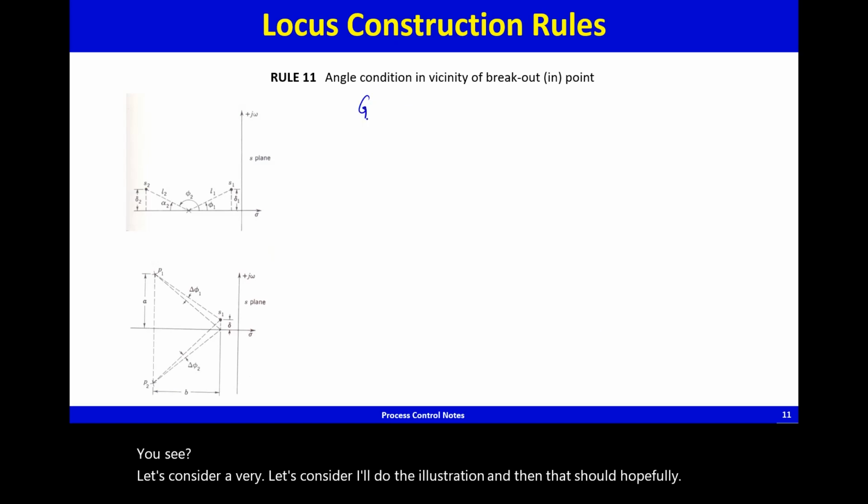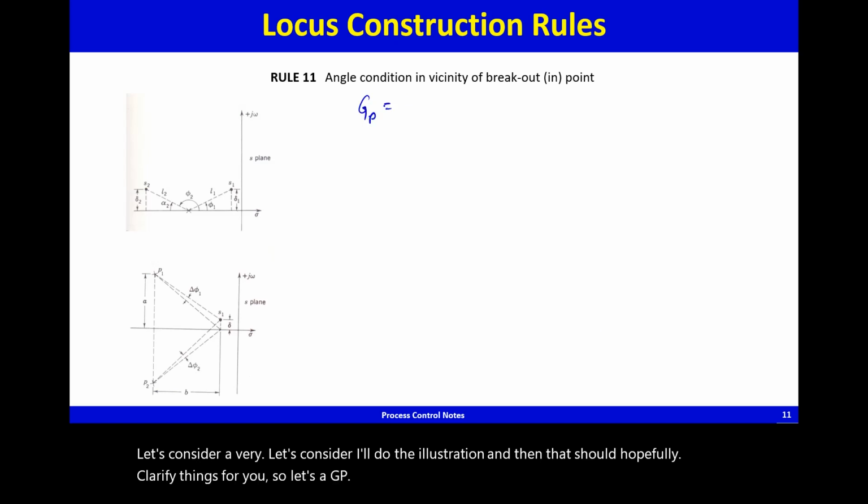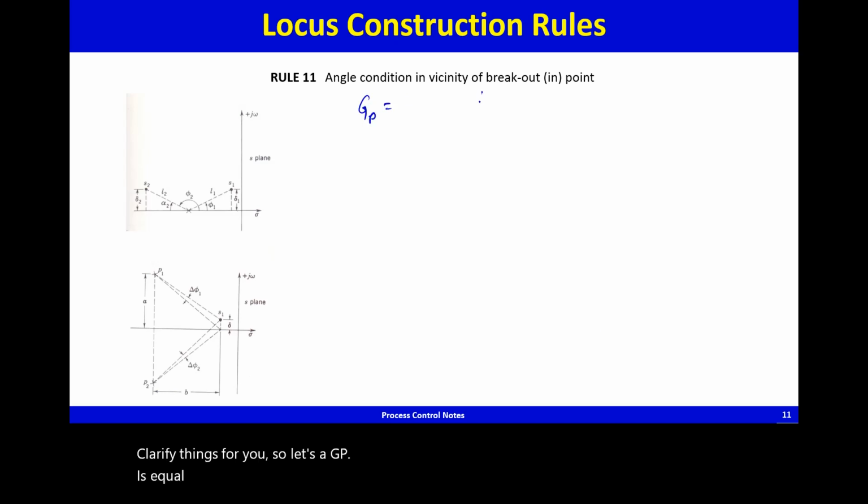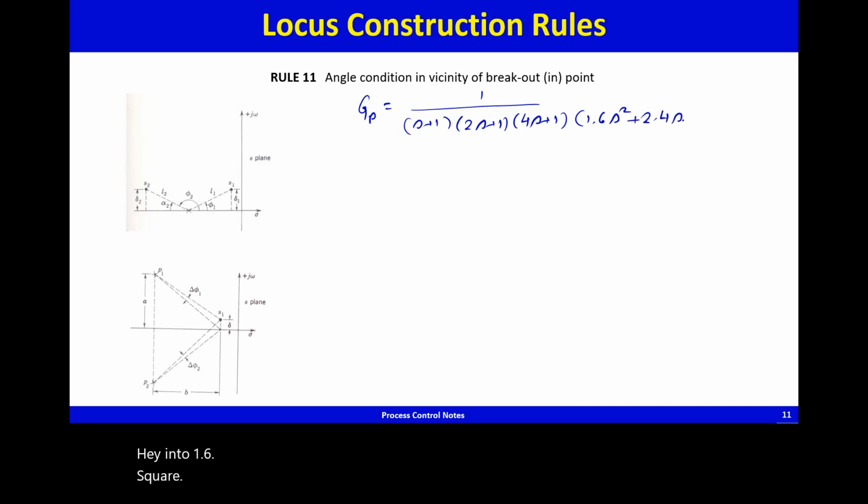Let's say G(s) is equal to 1 over (s plus 1) into (2s plus 1) into (4s plus 1) into (1.6 s square plus 2.4 s plus 1).